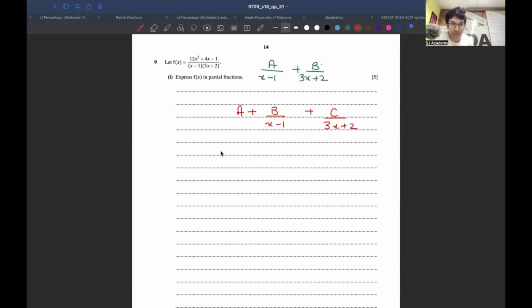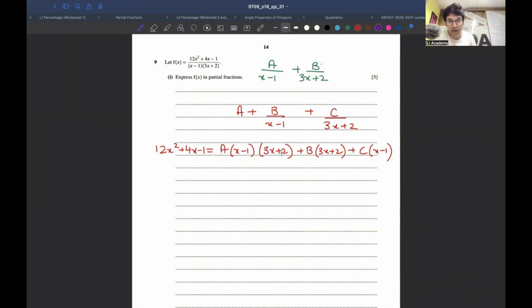When we take the LCM, a will multiply by x minus 1 and 3x plus 2, b will multiply by only 3x plus 2, and c will multiply by x minus 1. And this numerator is equal to 12x squared plus 4x minus 1.